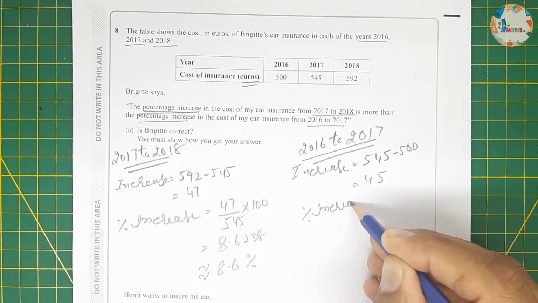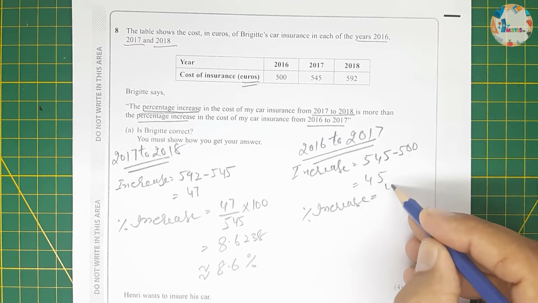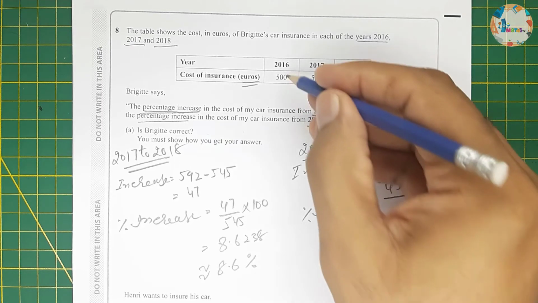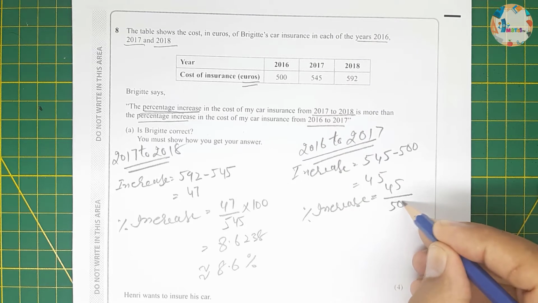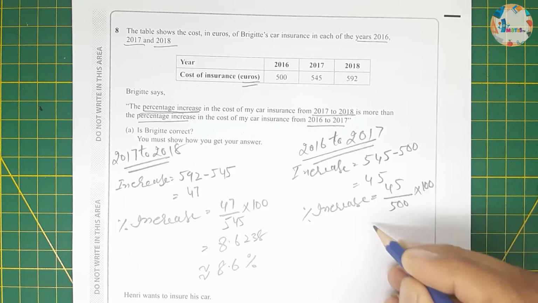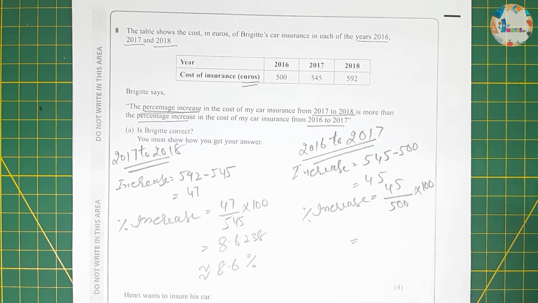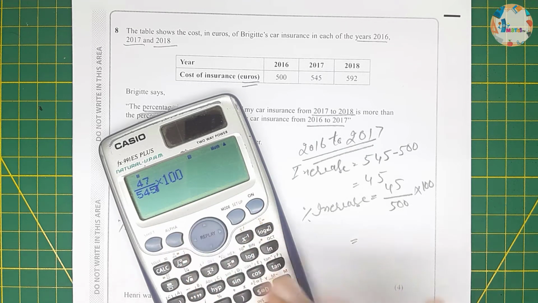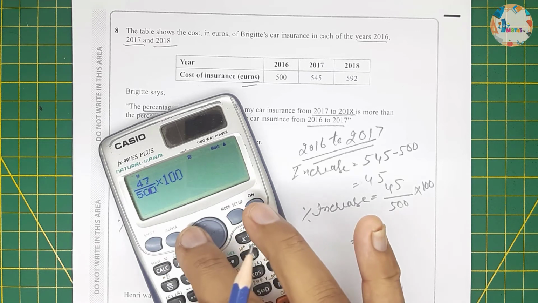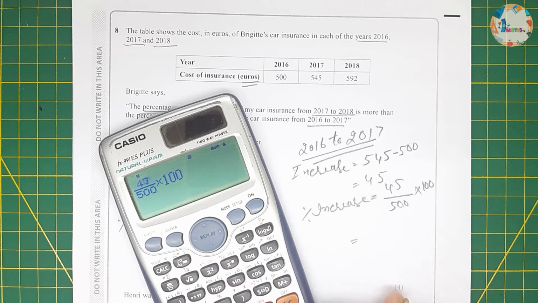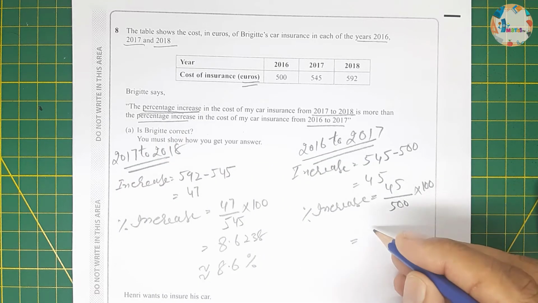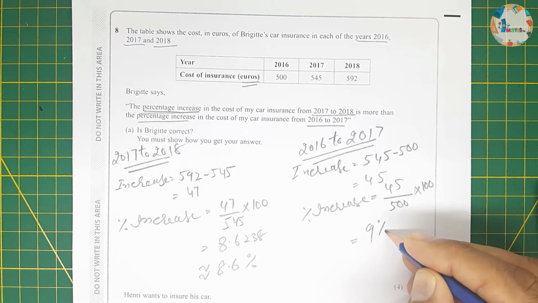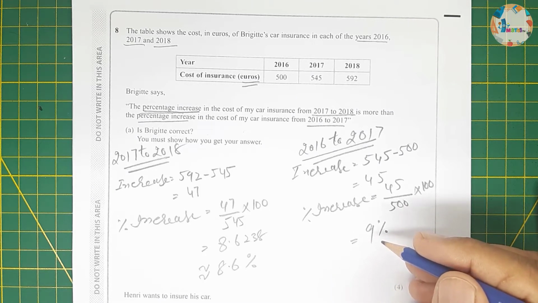Percentage increase will be 45 over 500, multiplied by 100, and this will be equal to 9. So this is basically 9%, which we have calculated.